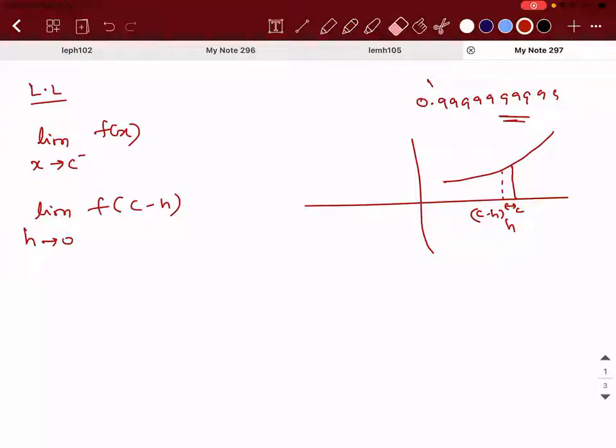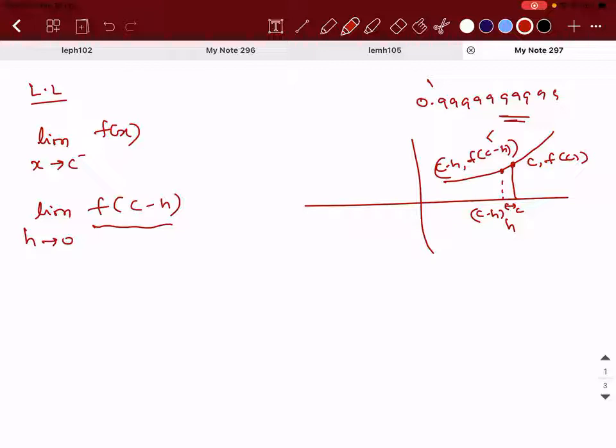So f of c minus h means you're trying to find, what will this point be, guys? This will be c comma f of c. And what will this point be? c minus h comma f of c minus h. Now you're finding the function value at f of c minus h, where h is tending to 0.